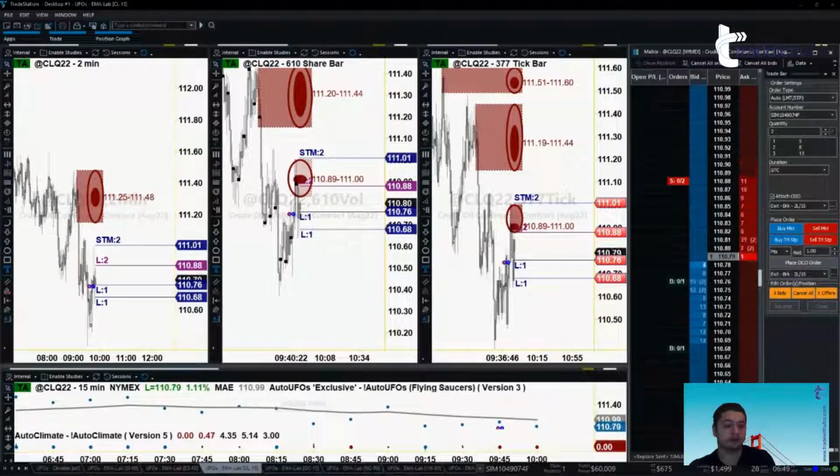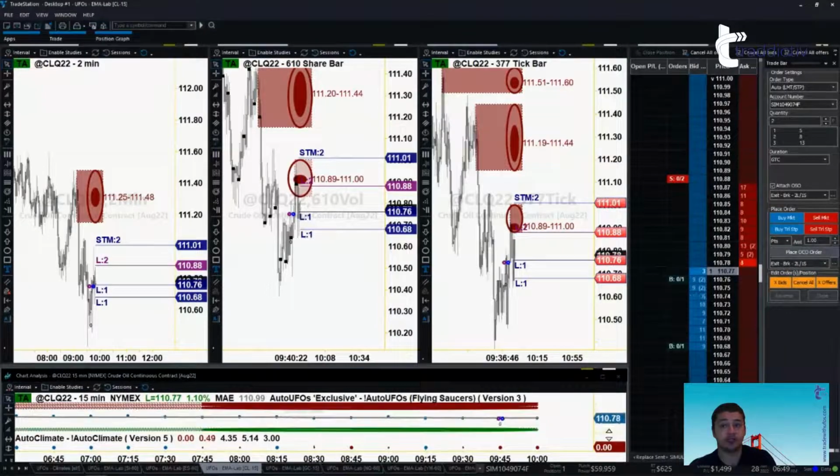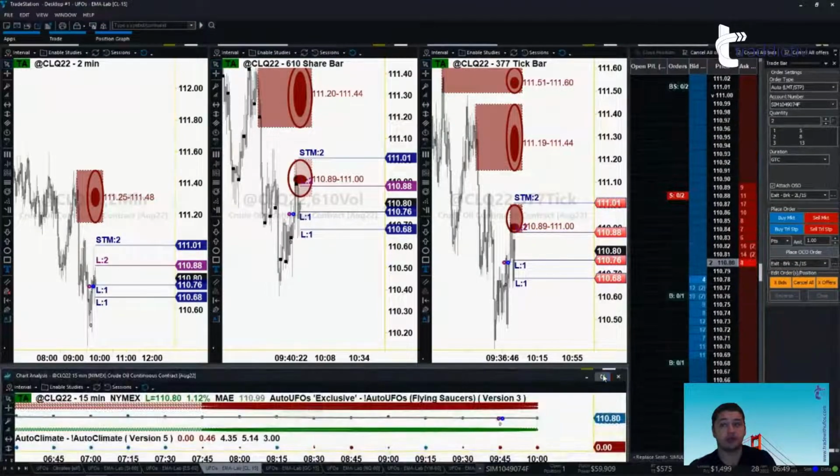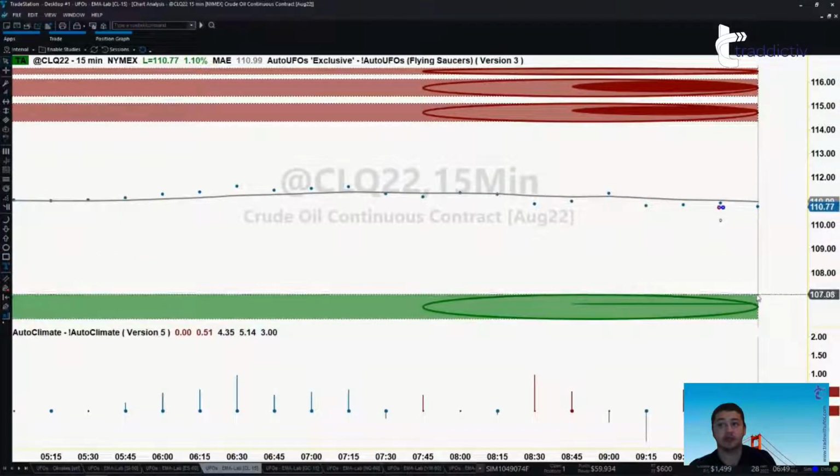because it's a lot less risk and highly more probable to see that happen. Now, as far as the final target, I did not mean to do that. Final target well down below here at 107.8.